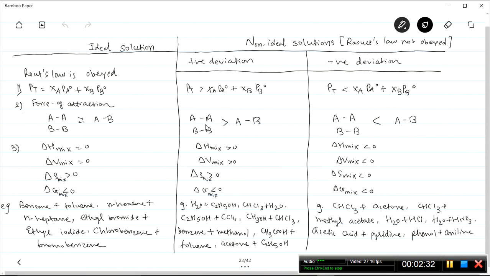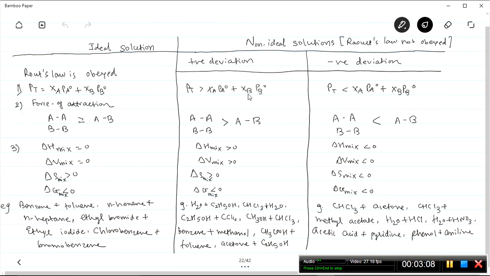So what happens is, if the force of attraction between AA and BB is more than the force of attraction between A and B type of molecules, we are saying that molecules in the mixture, that is AB, are comparatively loosely bound, so they can very easily go into vapor state. So effectively there will be more molecules in vapor state than in case of ideal solution.